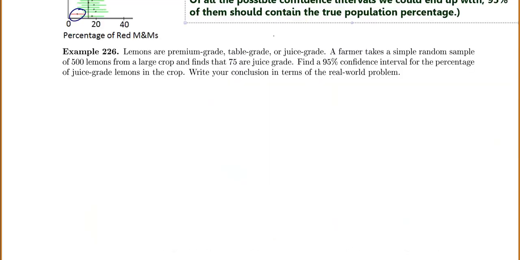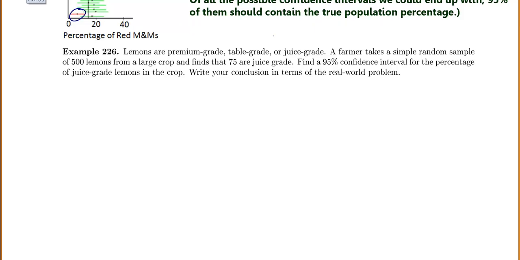So one more example. Lemons are premium grade, table grade, or juice grade. A farmer takes a simple random sample of 500 lemons from a large crop and finds that 75 of them are juice grade. Find a 95% confidence interval for the percentage of juice grade lemons in this crop. Write your conclusion in terms of the real world problem. Let's see what we have here.